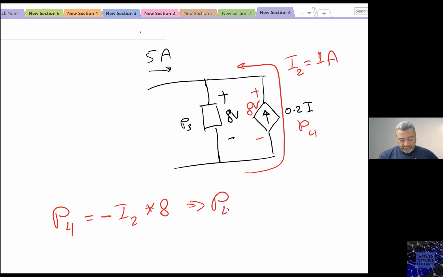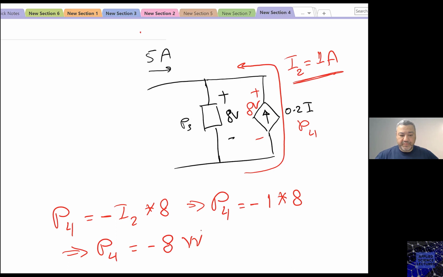We did calculate I2 to be 1 ampere times 8. So P4 is minus 8 watts. Okay, great. Any other questions?